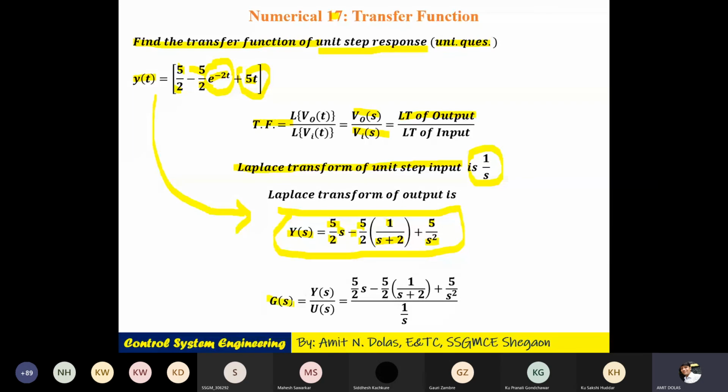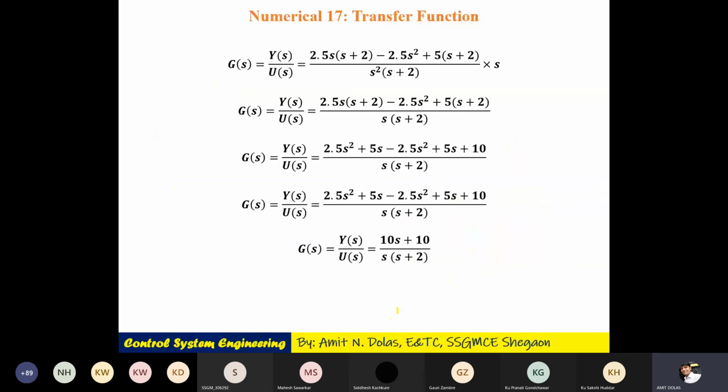So the transfer function G of s is equal to y of s upon input. You may write x of s or u of s. So y of s we put here, that is 5 by 2s minus 5 by 2 into 1 upon s plus 2 plus 5 by s square, divided by the input. The input is a unit step, whose Laplacian domain is 1 by s. So therefore u of s will be 1 by s.